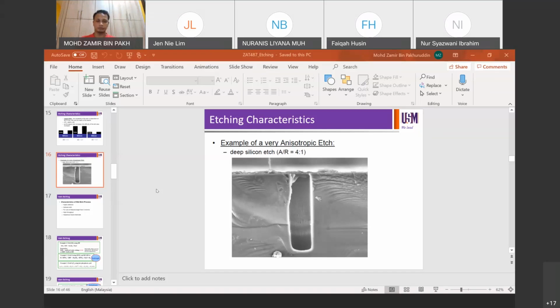Let's move on. We stopped at this point, where you see a very deep well with a very high aspect ratio. Aspect ratio is defined as height over width of a particular structure. In this case, it's about 4:1 or 5:1. You can measure the aspect ratio of an etched structure the moment you see your SEM data, especially from cross section.